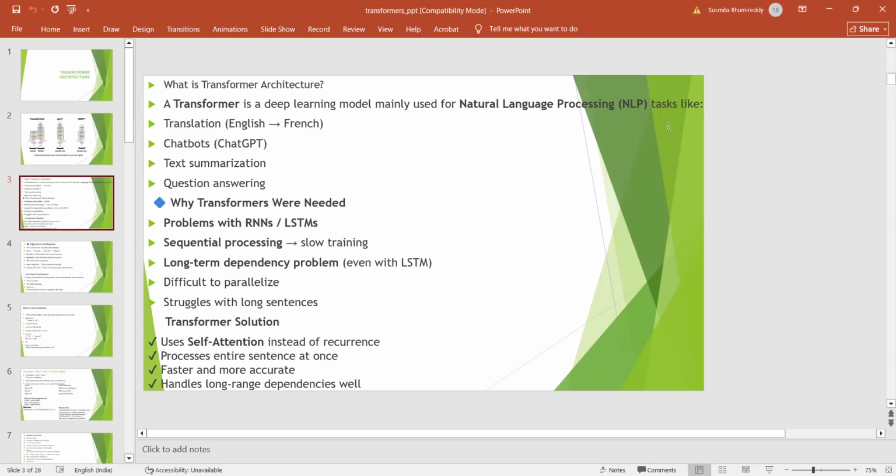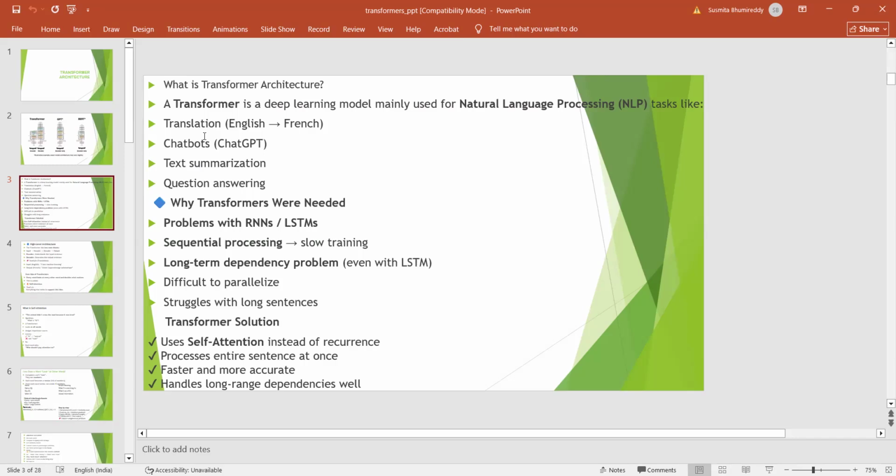It is mainly designed for sequential tasks like sequence to sequence tasks such as translation. For example, I have a sentence in Telugu, and I need to translate it into English, or into Hindi, or into French.